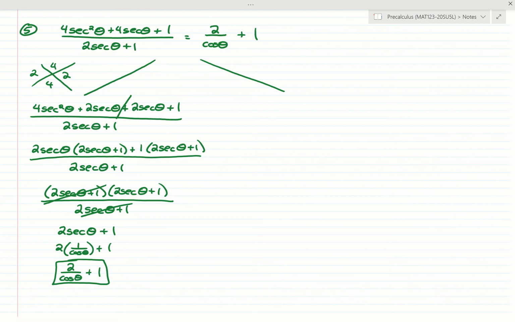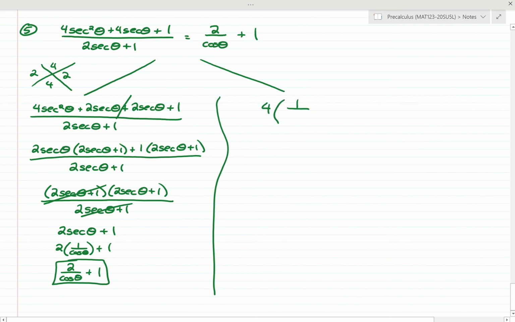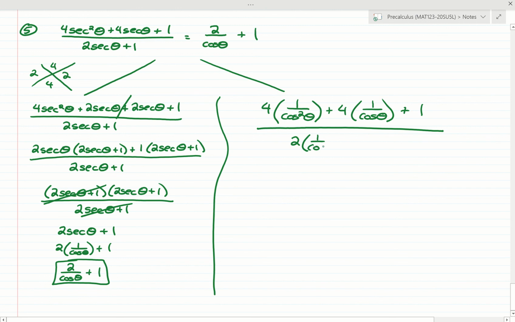Let's try doing this with sines and cosines. So instead of secant squared, I'm going to write cosine squared. All right, so we converted to all sines and cosines.